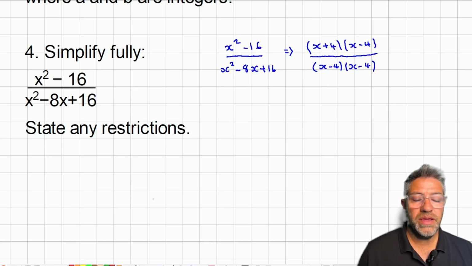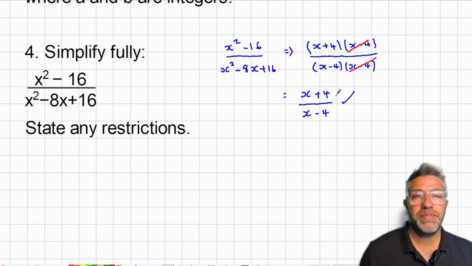Now straight away, because we have a common term in the numerator and the denominator, we can look to cancel. So that leaves our simplified algebraic fraction as x plus 4 over x minus 4.